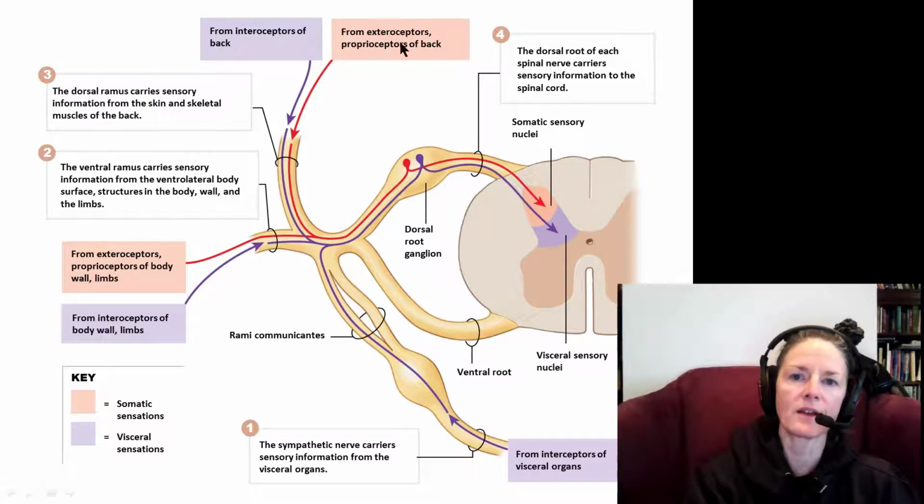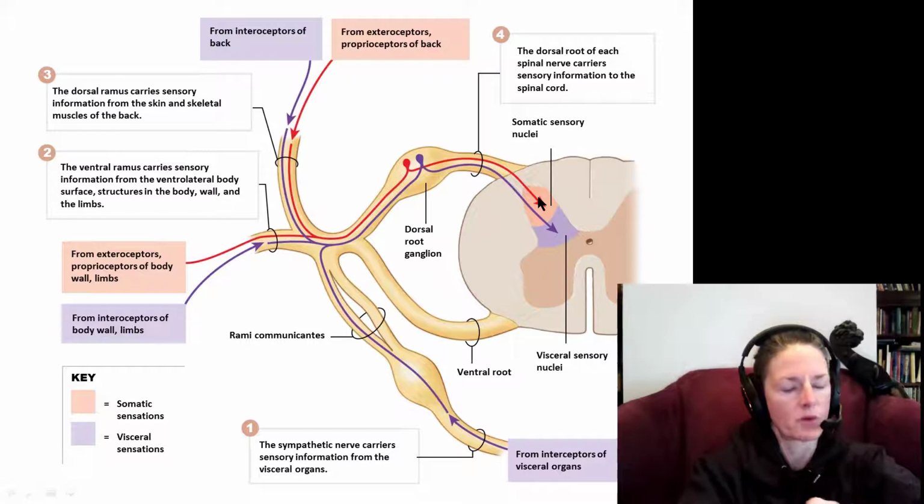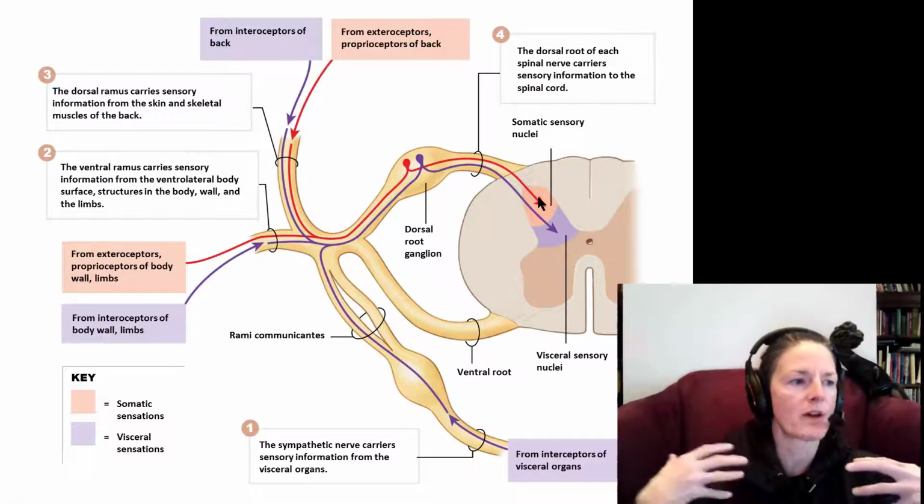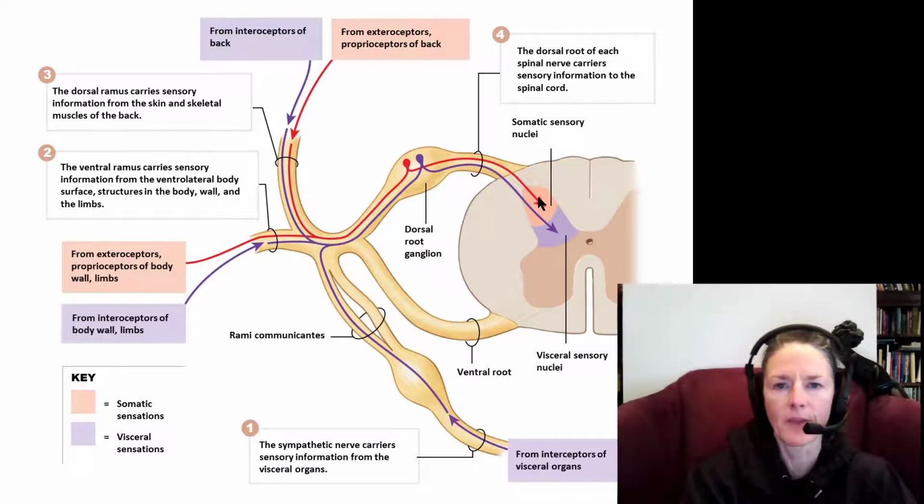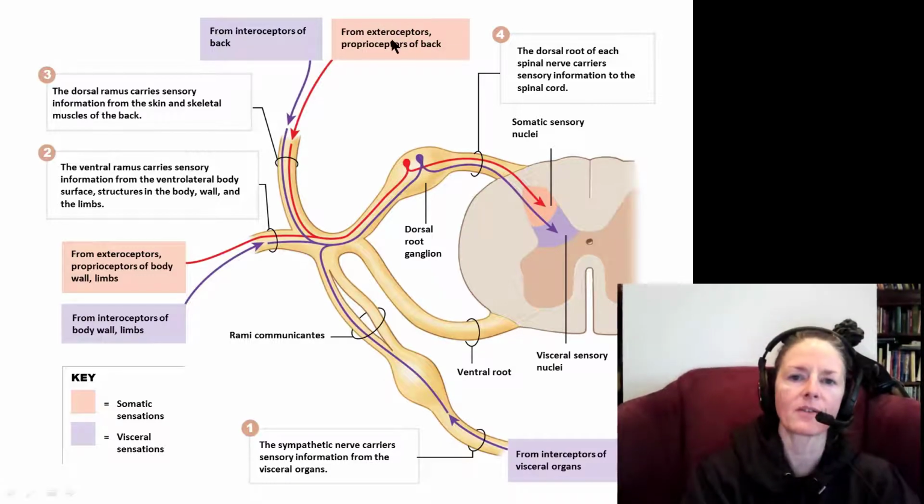We're going to be receiving somatic information that's going to be coming either from what are called exteroreceptors, which are receptors in and around the skin, or proprioceptors, which are monitoring the position of our muscles and joints. And so these are what we would consider somatic sensation.